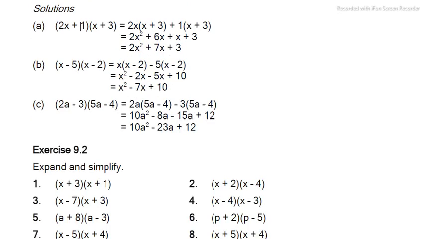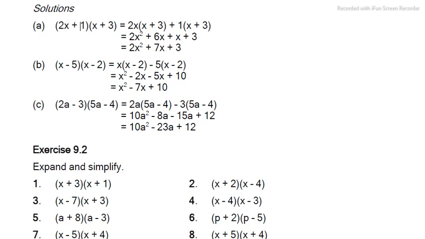If you look at our solutions, we are splitting the first bracket and we are maintaining the other, whereby 2x multiplies the second bracket and the plus 1 also multiplies the same bracket, so that we have 2x into x plus 3 plus 1 into x plus 3.